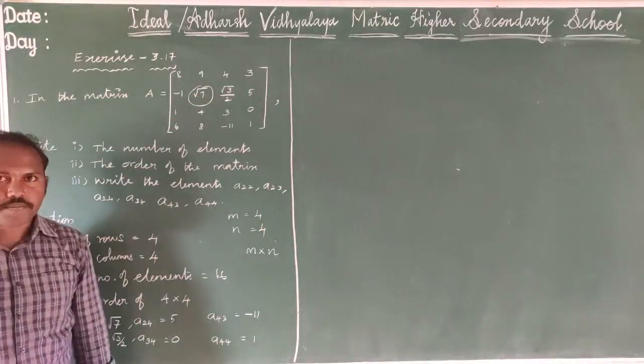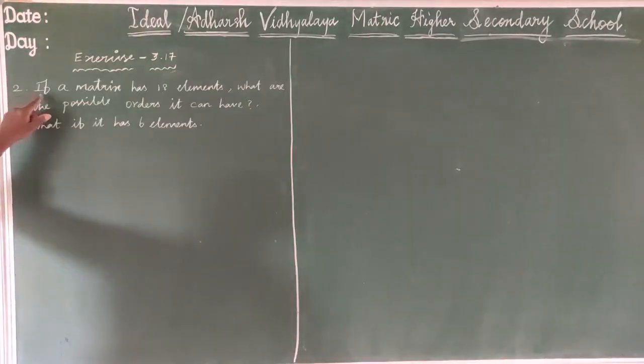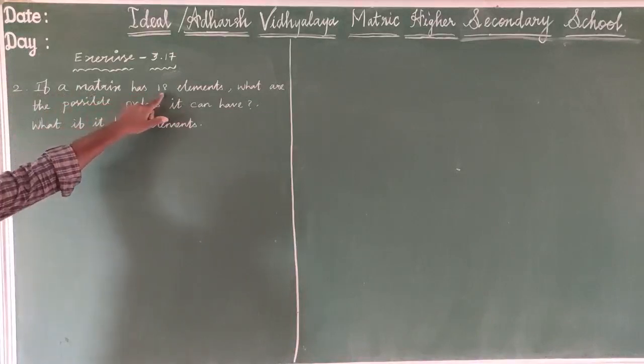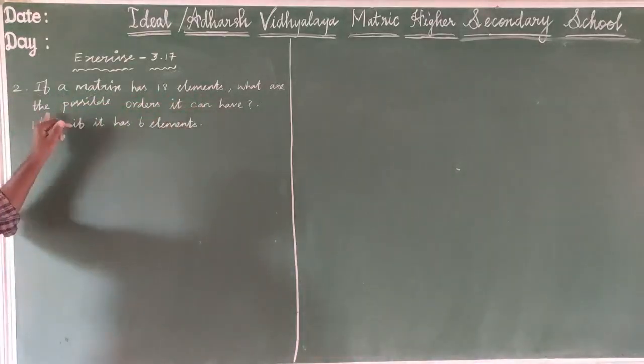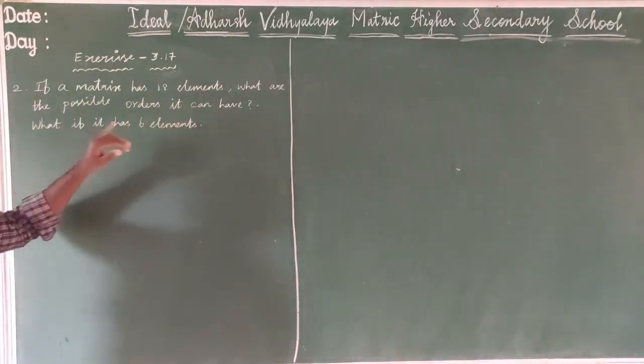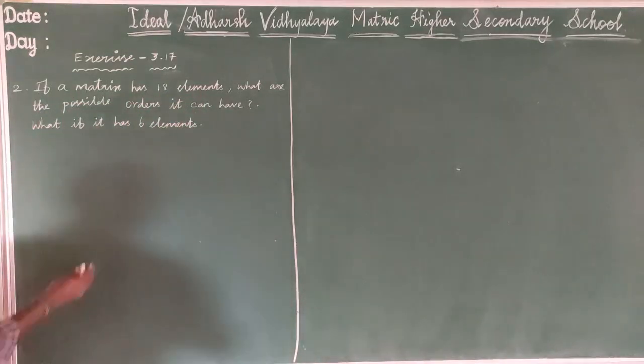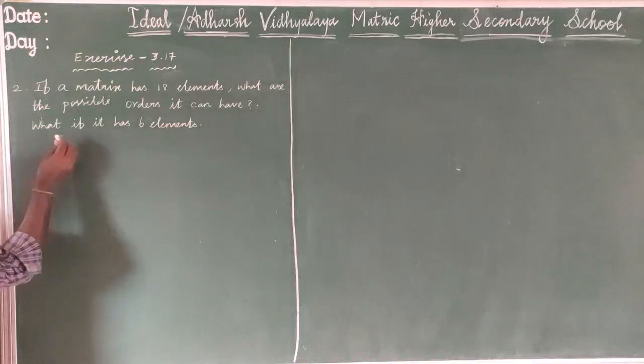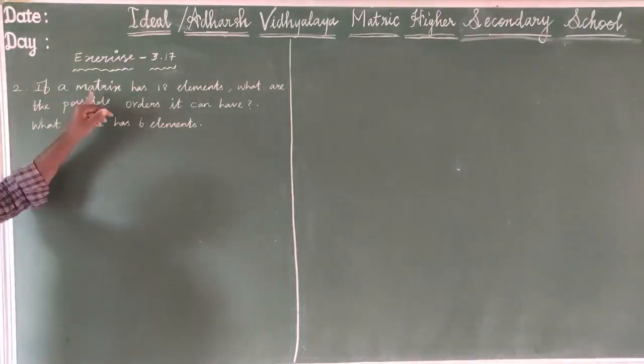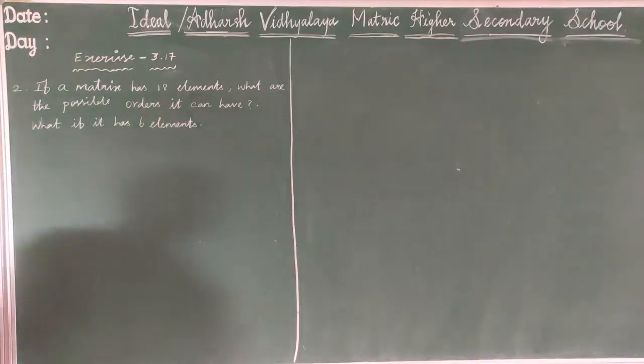That's all. Next one, second sum. If a matrix has 18 elements, what are the possible orders it can have? What if it has 6 elements? First one, given a matrix has 18 elements.